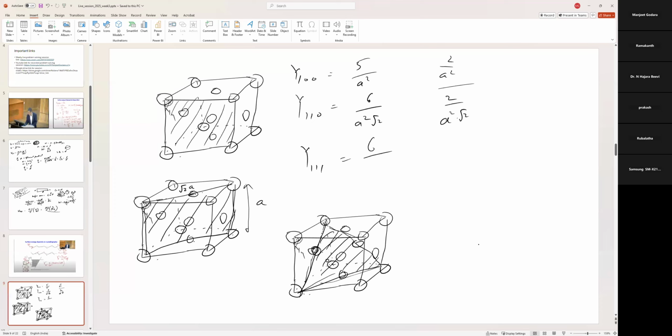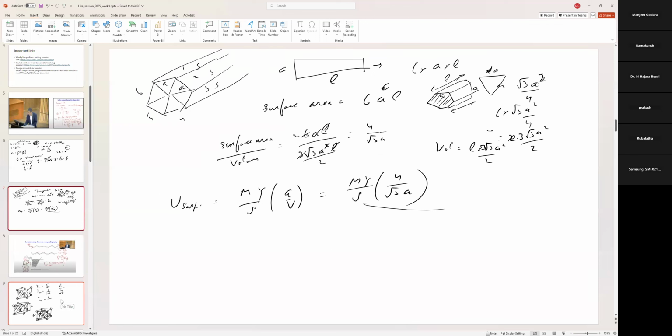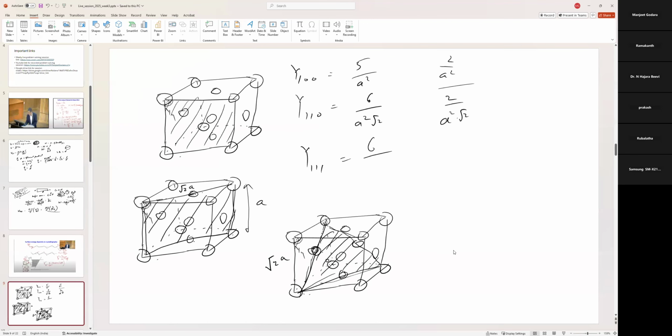and this is an equilateral triangle with side length root 2a. We just saw the area of an equilateral triangle, which is root 3 a squared upon 4. So root 3 times root 2a squared upon 4.